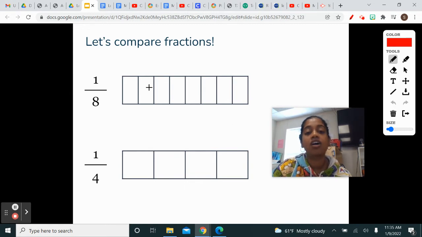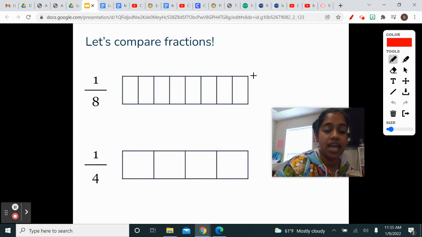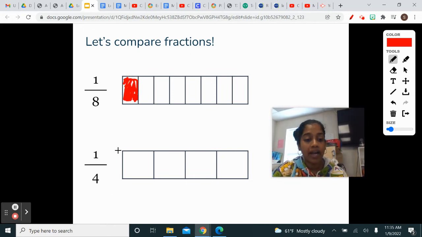Now, our numerator is going to tell us how many of those pieces we have, and I'm going to represent that by coloring it in. I have 1/8, so I'm going to color in one of those 8 pieces, right? Because our numerator is telling us how many of those pieces we have.